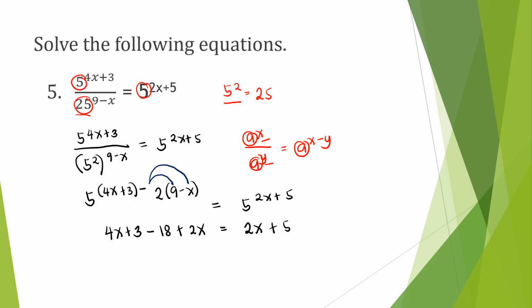We can combine 4x with 2x, which will become 6x. We can also combine positive 3 and negative 18. Positive 3 minus 18 is negative 15. Is equal to, copy the right side of the equation, 2x plus 5.